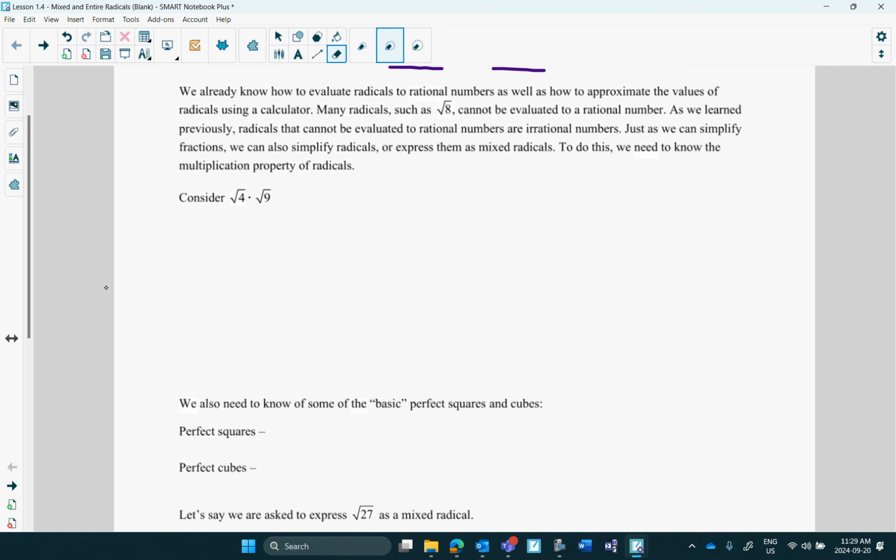Square root of 4 times 9. If you didn't know anything about how to multiply radicals, how would you do that? Square root of 4 times square root of 9. What would you do? Okay, so it's the same as 2 times 3, which is 6. There is another way you could do it, and it makes sense.